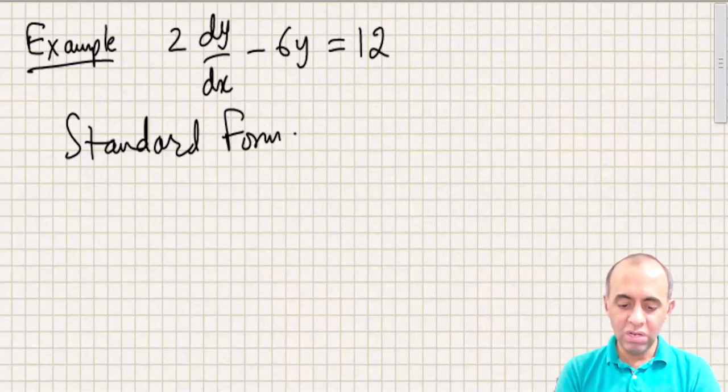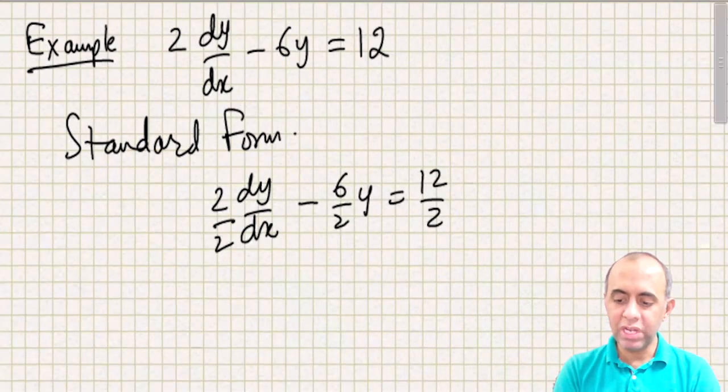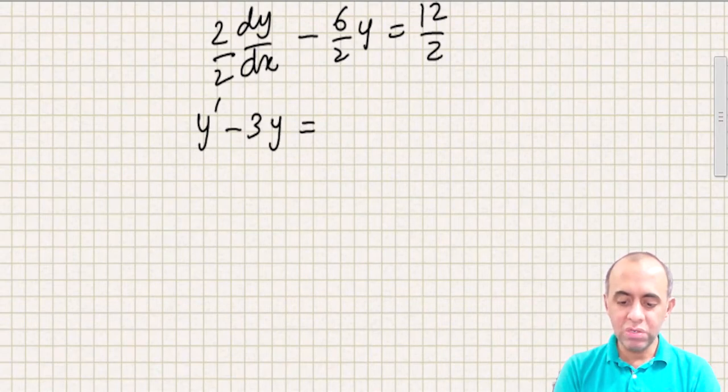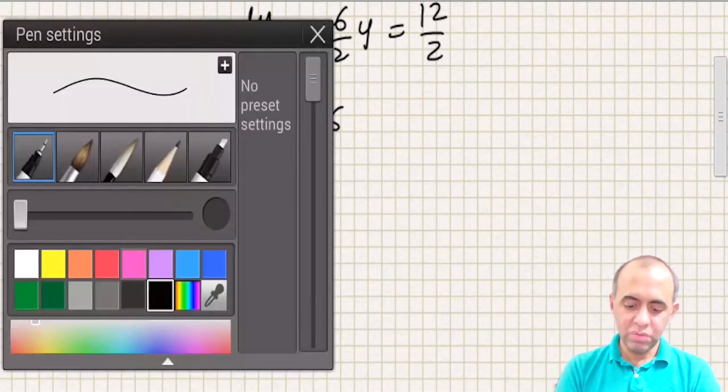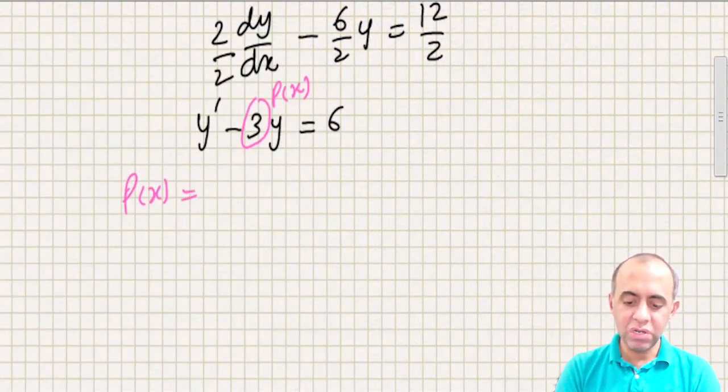So we divide all of the equation by 2: 2 dy by dx divided by 2 minus 6 over 2 y equal to 12 over 2. So we get y, and I'm going to write y prime instead of dy by dx, minus 3y equal to 6. If I ask you what is the value of p of x, what would it be? It's minus 3, right? So p of x is equal to minus 3.